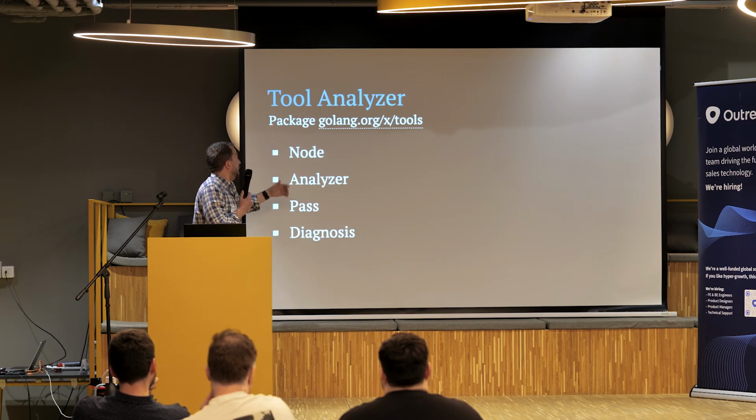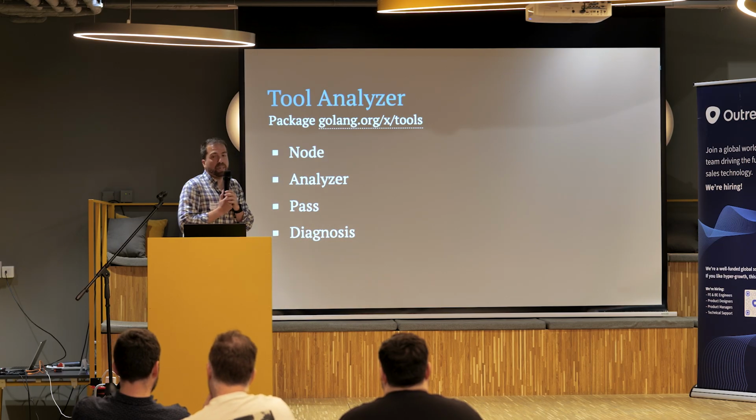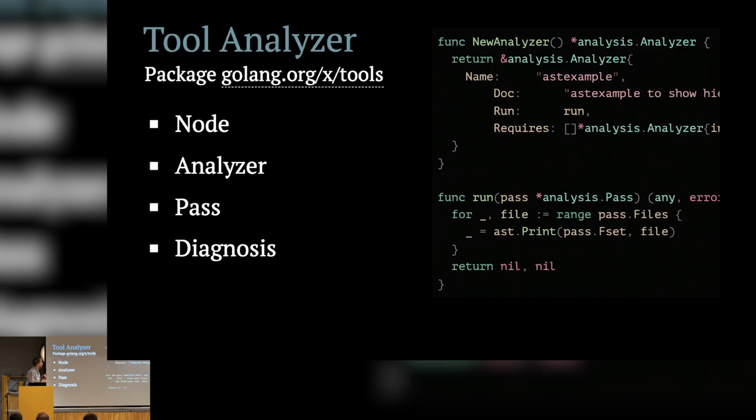And once you detect a linter issue, you use the diagnosis to report it. So as a summary, I have it here. We create the analyzer. In this case, I call it AST sample. Then we have the business logic of this linter here.